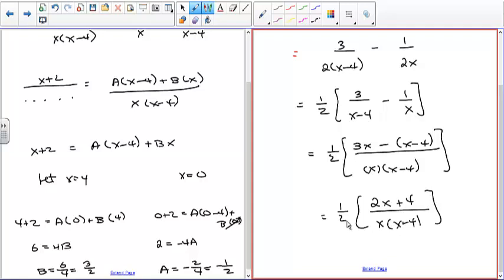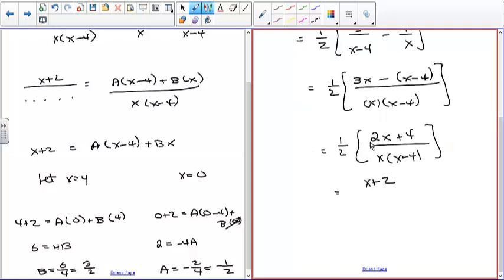And you see you got a half in the denominator, so that's going to be x plus 2. So I divide each of these by 2. So you get x times x minus 4. And hopefully that's what we had to start with, which is what we had, x plus 2 in the numerator. So that did work.